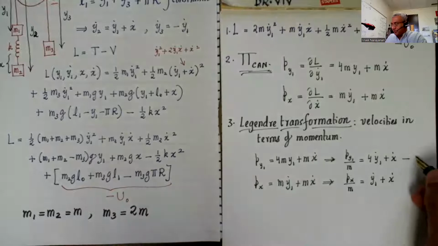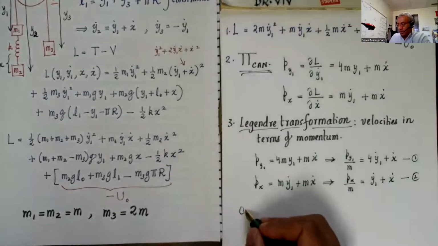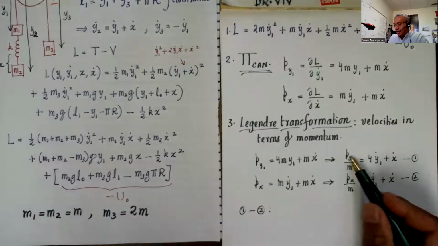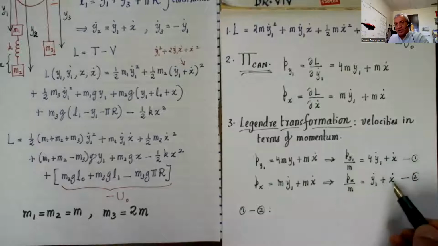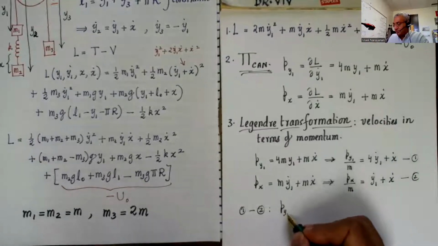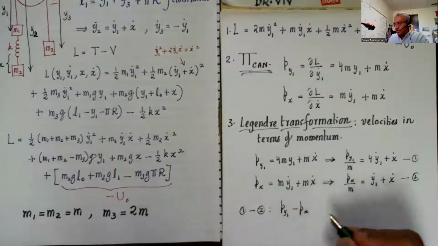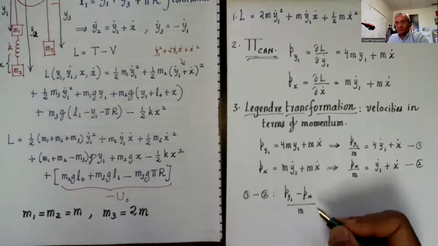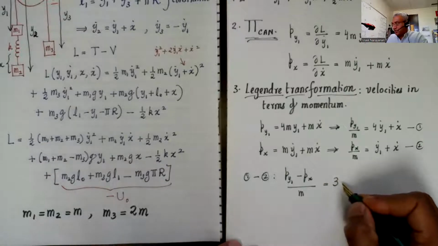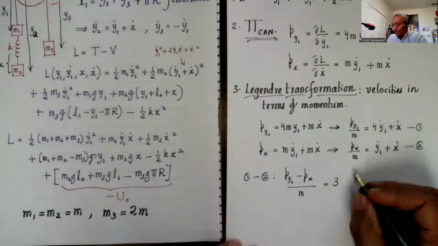So let me call this equation 1 and that equation 2. So 1 minus 2, what will I get? So these two, when I subtract it, gets rid of the x dot term. So py1 minus px divided by m is just going to be 3 y1 dot.